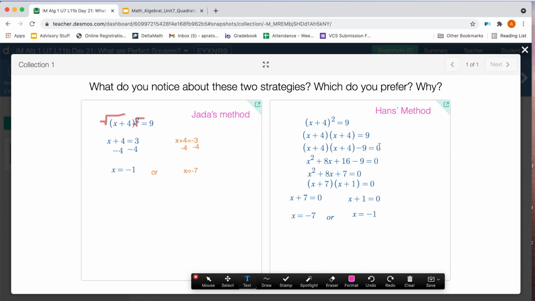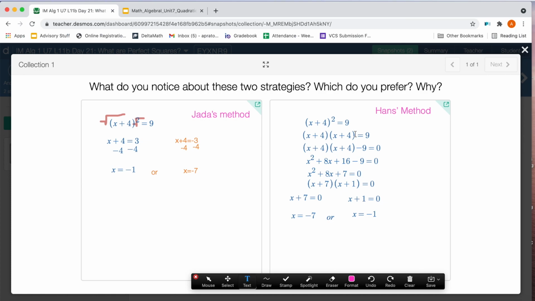I have to set the equation equal to 0. Why? Because in order to use the zero product property, we need to be multiplying two values to equal 0. I also have to multiply binomials and then factor, so there are these two big steps within solving the equation.